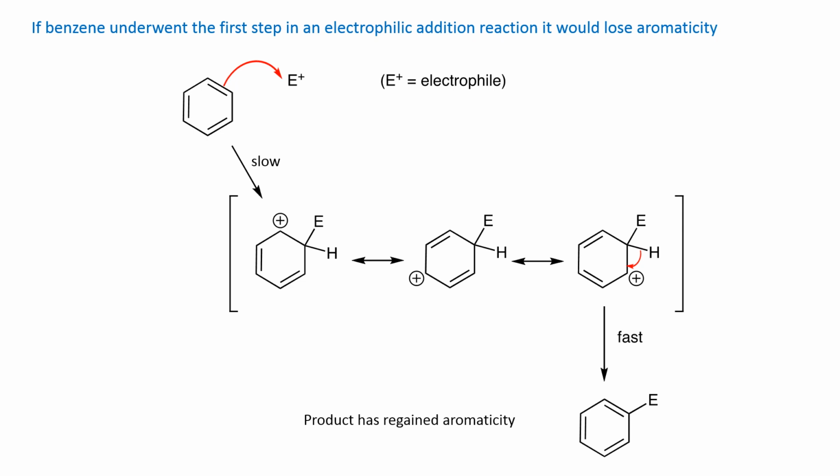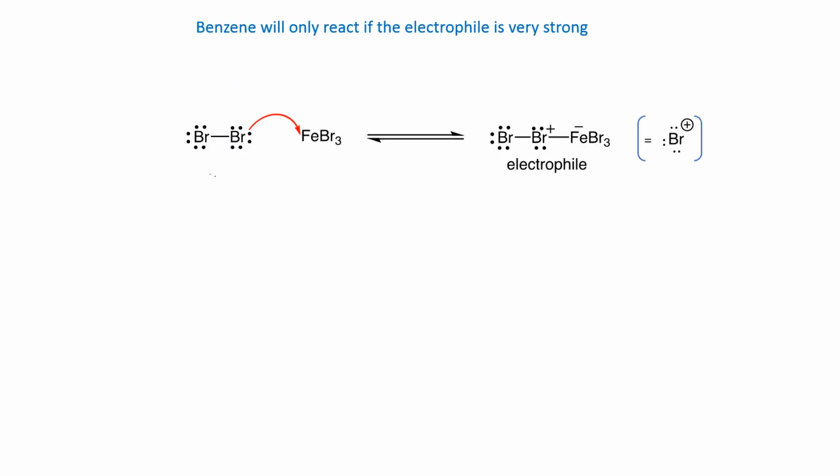So while benzene doesn't undergo this reaction with bromine itself, if we activate the bromine molecule and turn it into a better electrophile, then we can get a reaction of benzene with bromine. You can see here one way to do this is to react bromine with ferric bromide, and this gives us a powerful electrophile which effectively is the equivalent of Br+.